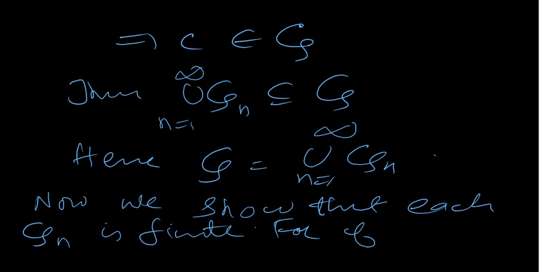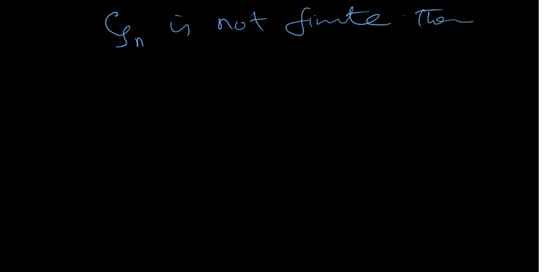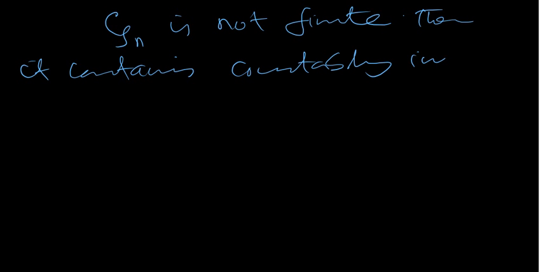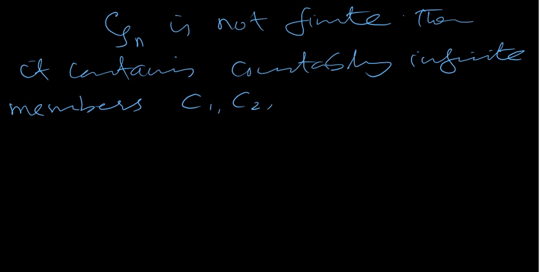For if some Cn is not finite, then it contains a countably infinite set, say C1, C2, because it's a collection of sets.